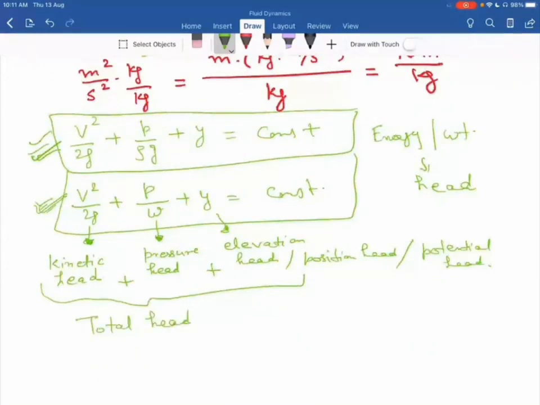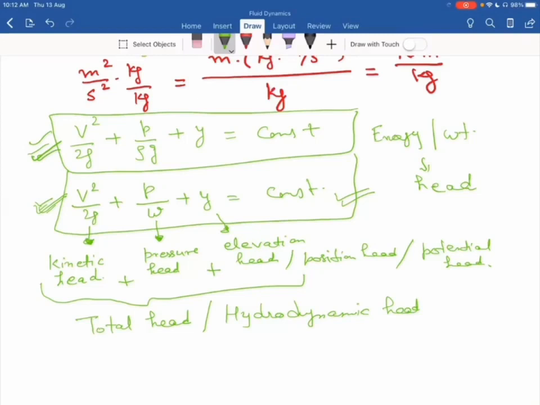Another name is hydrodynamic head. So v²/2g + p/w + y is total head or hydrodynamic head. This equation is another form of Bernoulli's equation.